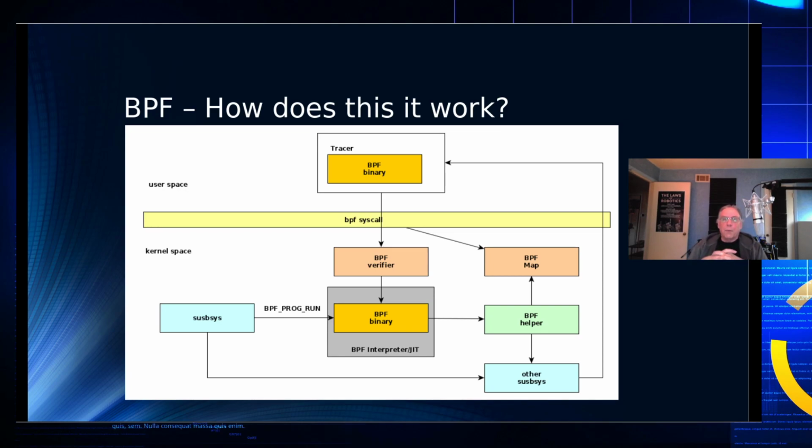So how does this thing work? In the 3.18 kernel, they introduced a new system call called bpf. The user-space application is what you write, and that application contains the BPF binary in it, and the compiler does that for you. You don't have to do that.